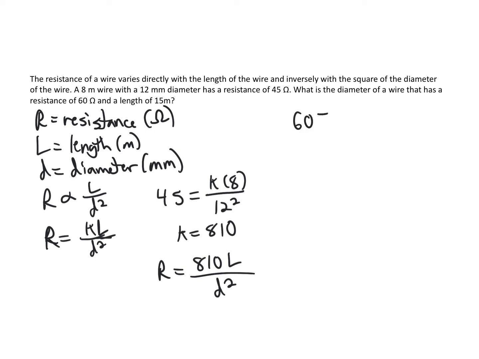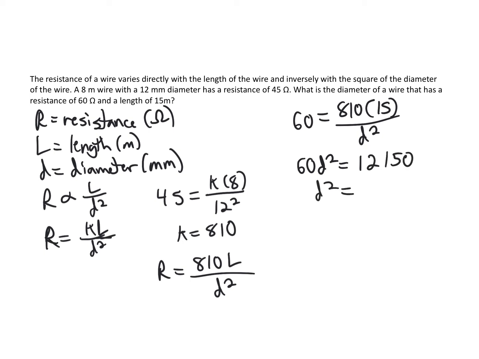So 60 equals 810 times 15 over D squared. We can multiply the D squared up. 810 times 15 is 12,150. Divide both sides by 60. We get 202.5. And then take the square root.